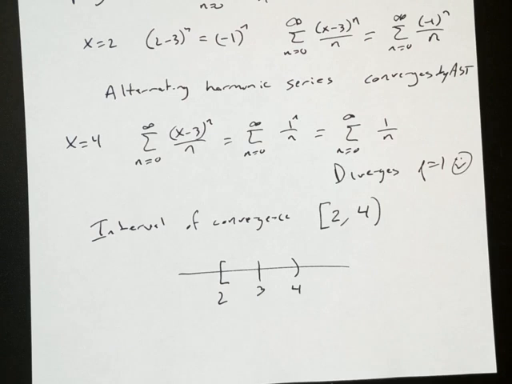I also tend to think of this interval as, since it's centered at 3, it extends out to the left and the right. I think of that as a radius, like it was a little circle. I say, oh, there's a circle here. The diameter of that circle goes from 2 to 4. What's the radius of that circle? 1. And so I'm going to call that the radius of convergence of my series.